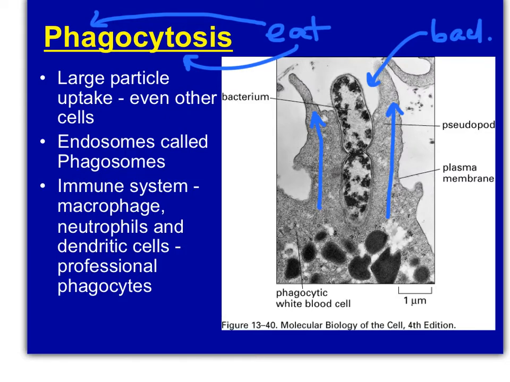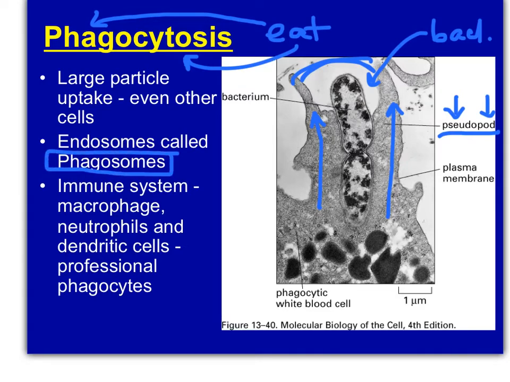These guys push out their plasma membrane in something called a pseudopod. Pseudo meaning like, and pod is like a foot. So they're actually extending their feet out around this, and when they capture this, it is then internalized into a specialized endosome called a phagosome.